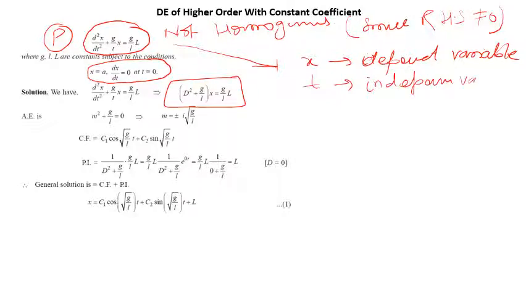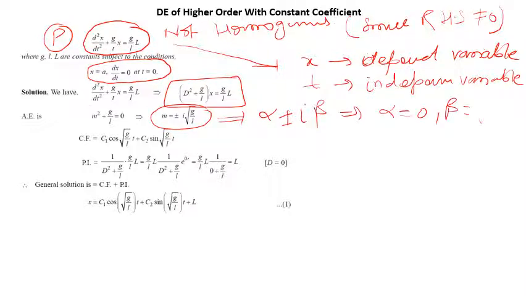T is the independent variable. Now the auxiliary equation of this differential equation is m square plus g by l equal to 0, then m is equal to this. Since these roots are complex, compare this with alpha plus minus i beta. Note that alpha is equal to 0 and beta is equal to square root of g by l.